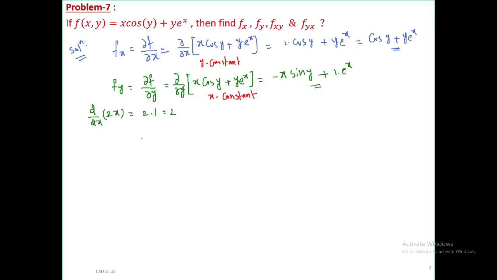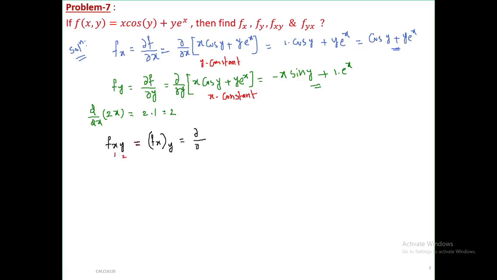Next one, fxy. That means first with respect to x, next with respect to y. So first fx, after that with respect to y. Or you can do it like this also; these are all notations.